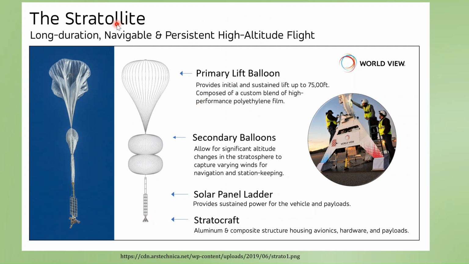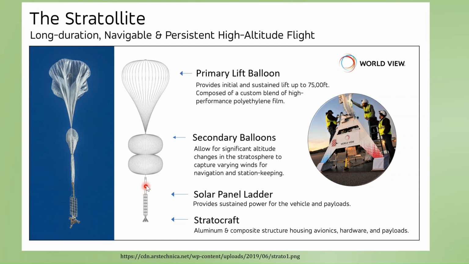Then this image is of the Stratolite, which is a long duration, navigable and persistent high altitude flight system, which consists of a primary lift balloon and secondary balloons. The primary lift balloon provides the initial and sustained lift up to 7,500 feet. And then we have the secondary balloons, which allow for significant altitude changes in the stratosphere to capture the wind for navigation and station keeping.